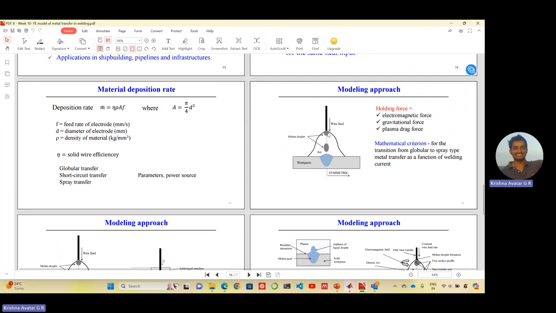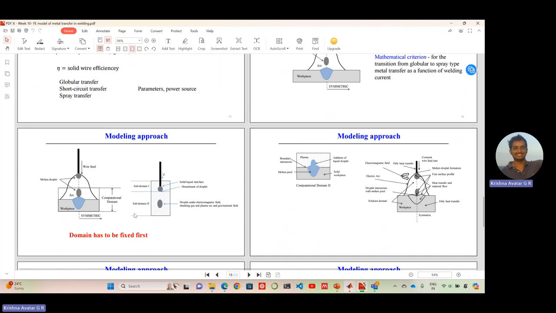When this droplet becomes larger than the wire diameter, it will drop off and join this weld pool. Let's assume this configuration to be symmetric. The holding force can be electromagnetic force, gravitational force, or plasma drag force. And there is a mathematical criterion for the transition from globular to spray type metal transfer as a function of welding current.